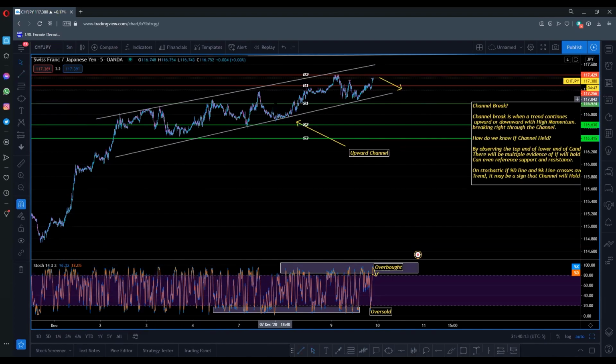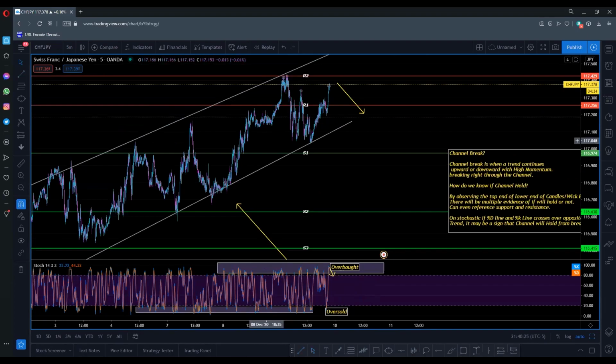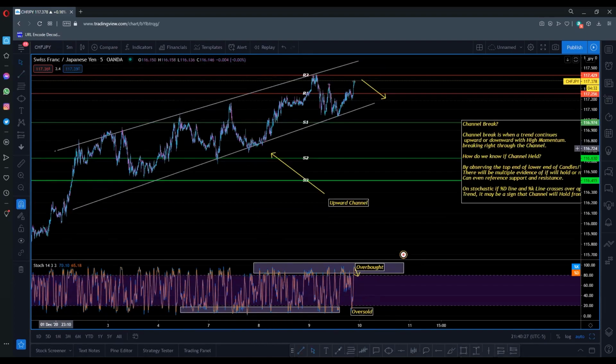Not always is it going to be this perfect, where it's constantly hitting the new lower low or higher high. But in this case, this channel is very respectable and constantly hitting similar peaks of new high and new low.